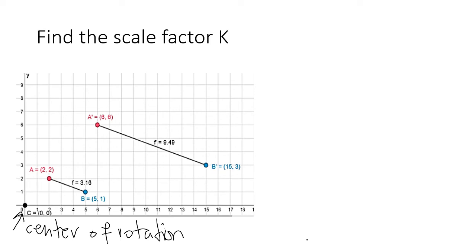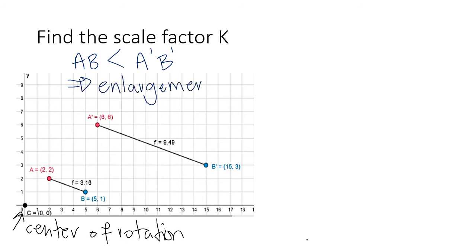But before we go on, I can sense the problem by looking at the image and the pre-image and comparing them. AB is actually smaller than A prime B prime, so there has been an enlargement.